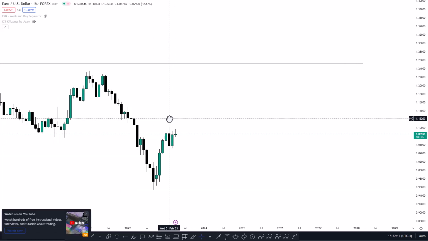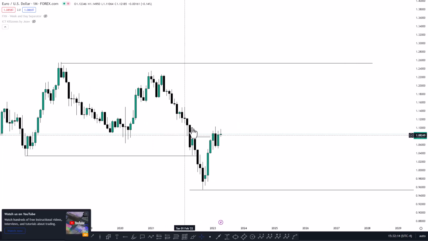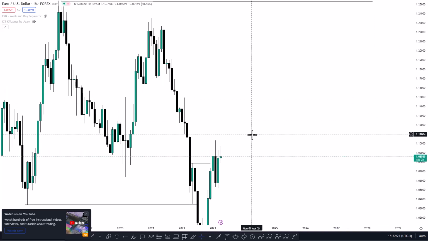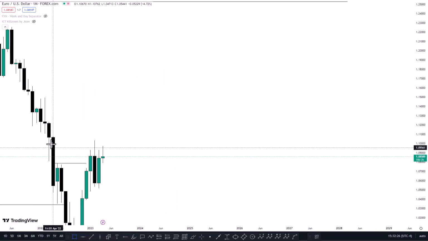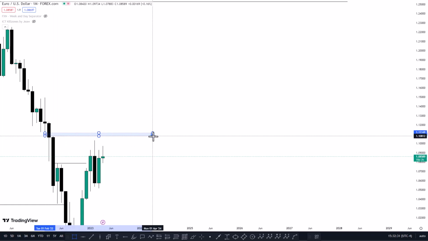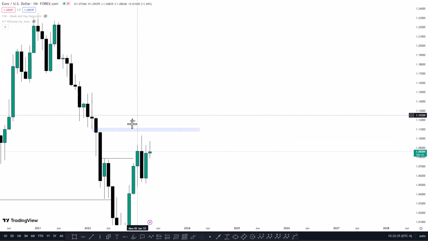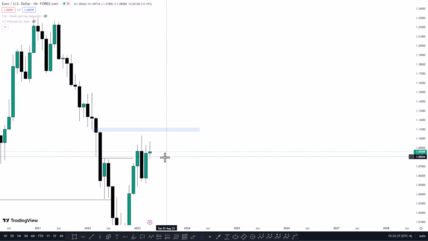What you have to understand is that you have to mark your chart correctly, starting from even 6 months or whatever, to mark all of those imbalances sitting here, as I told you. As you can see here, we have imbalance resting above. The market may decide to come and fill this imbalance.